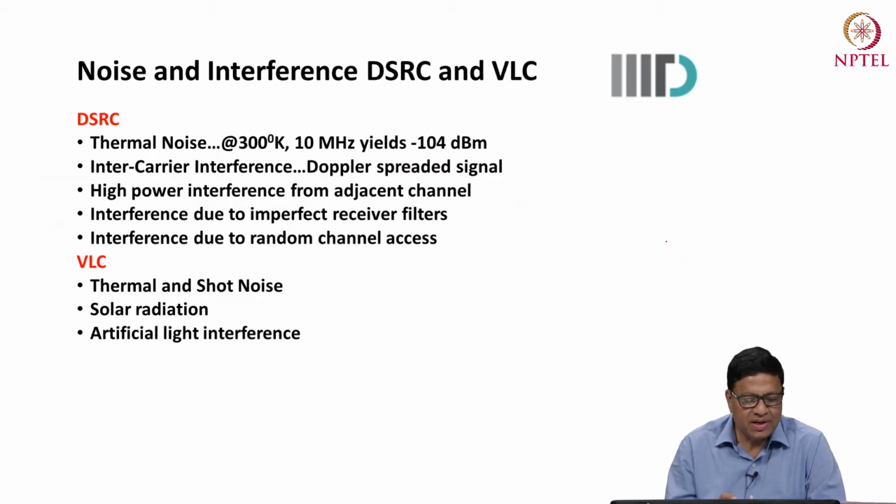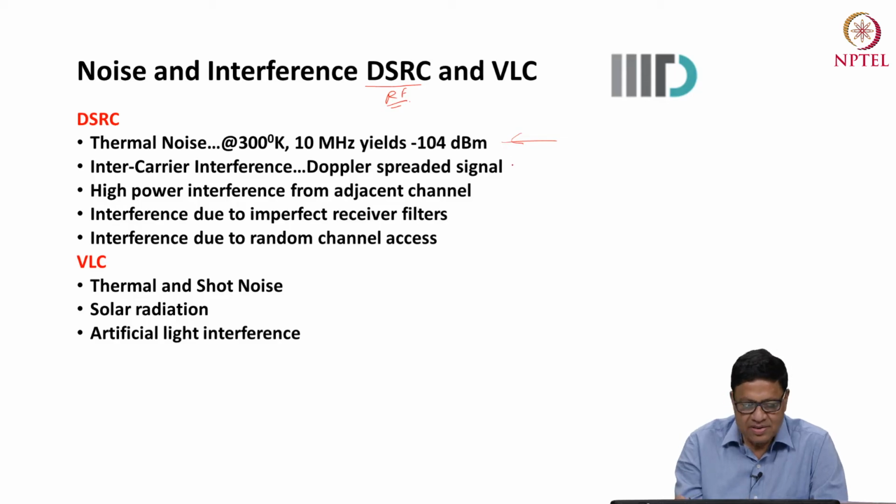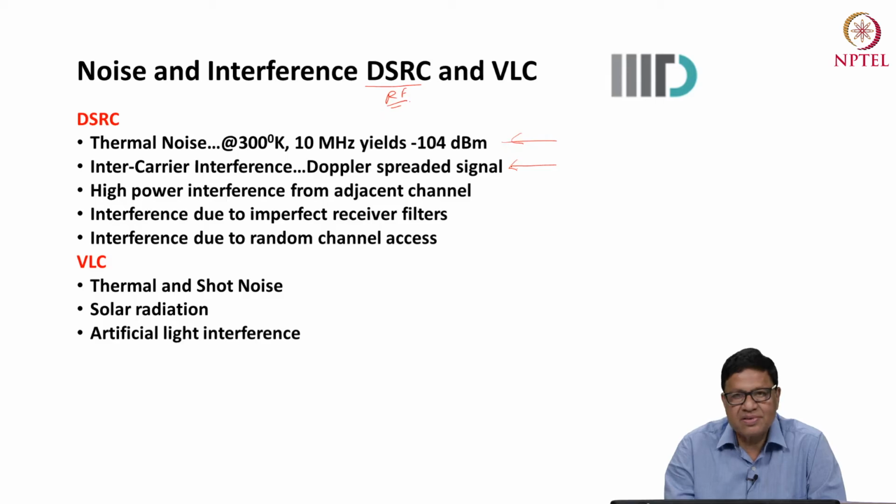The noise and interference in DSRC, which is dedicated short range communication and is RF based, and in VLC is listed here. You have thermal noise of the order of minus 104 dBm at 300 degrees Kelvin, and the bandwidth is 10 megahertz. Then there is noise because of inter-carrier interference.